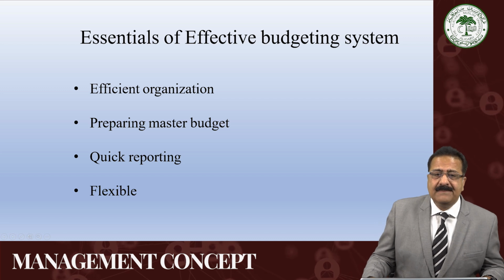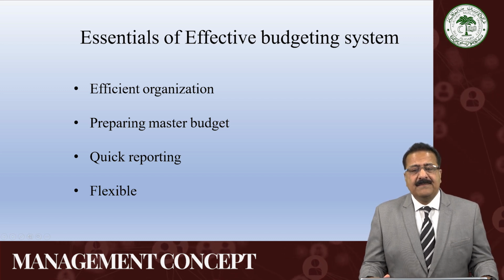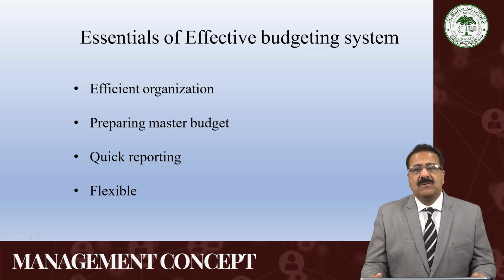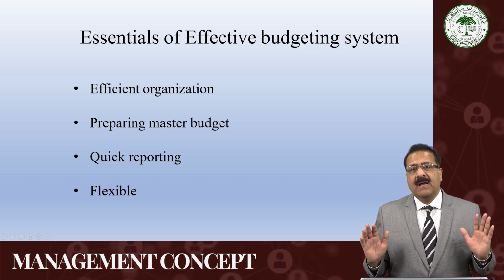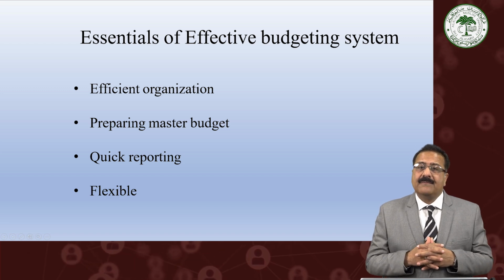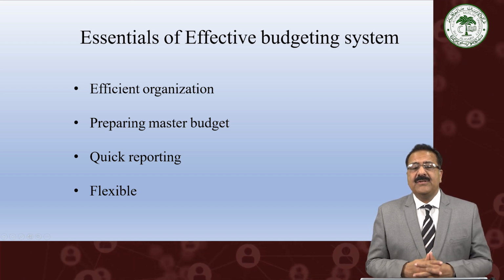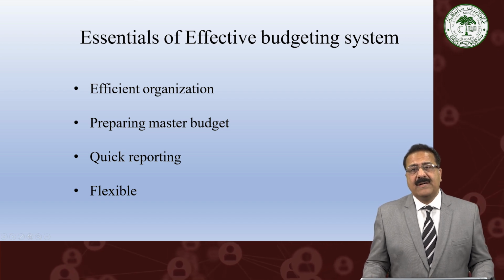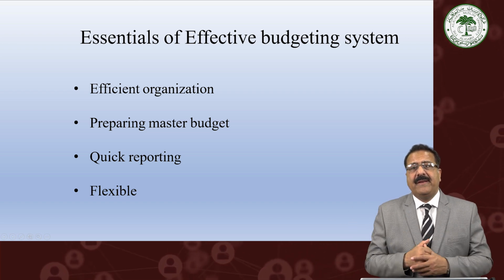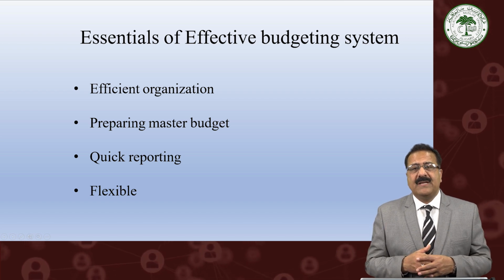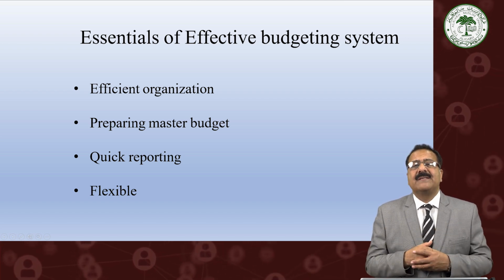So for making the budgetary control system important, we need to have efficient organization. Not only that, organizations can think of preparing the master budget too, so that a comprehensive idea about the overall activities of the organization can be seen at one place.